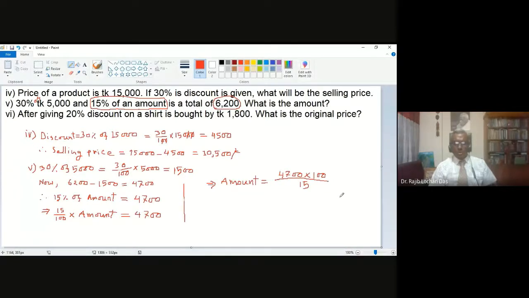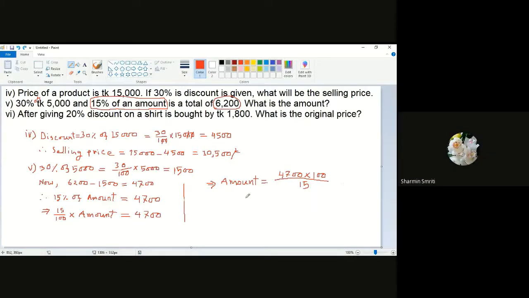Then you do the calculation and find the amount. If the amount is fractional, it does not matter. Whatever comes is your answer. So what is the amount coming here? Sir, 3133.